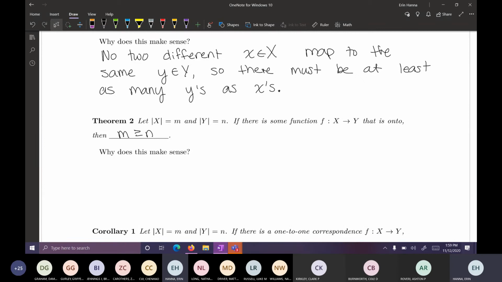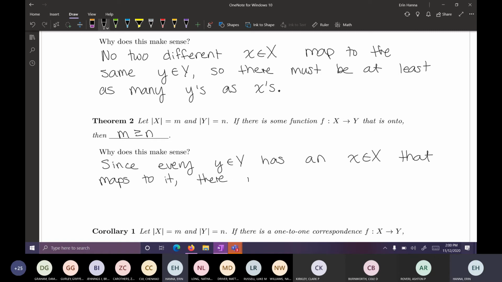So remember, onto essentially means that every element of Y got mapped to. So essentially there must be more or the same amount of x's as there are y's. So since every y in that codomain has an x that maps to it, there must be at least as many x's as y's.